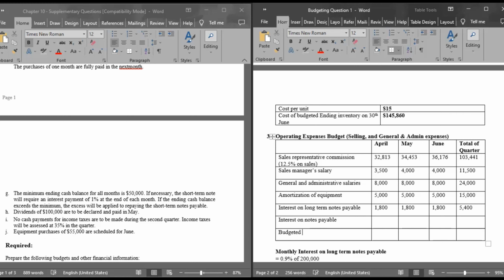So we can now total the budgeted operating expenses with the given values. Make a total of the April column, May column, June column, and quarter column.